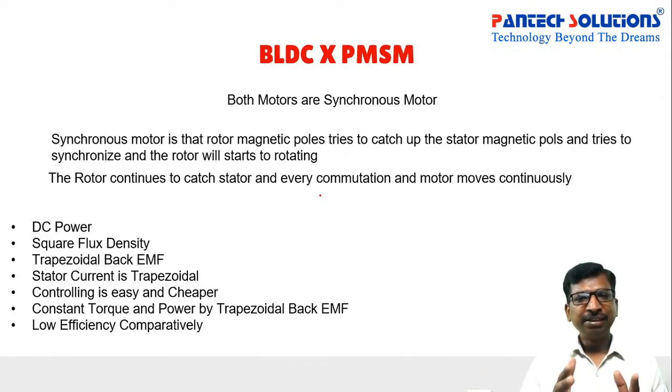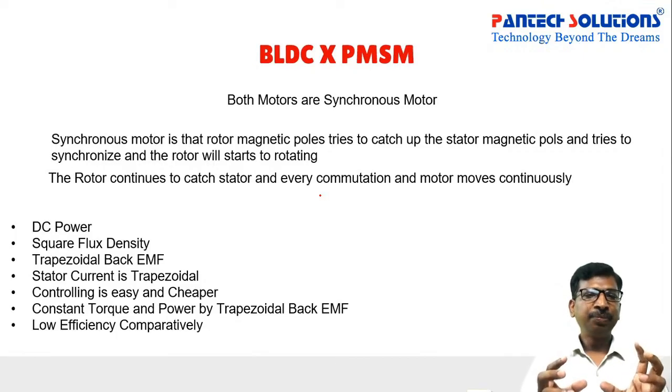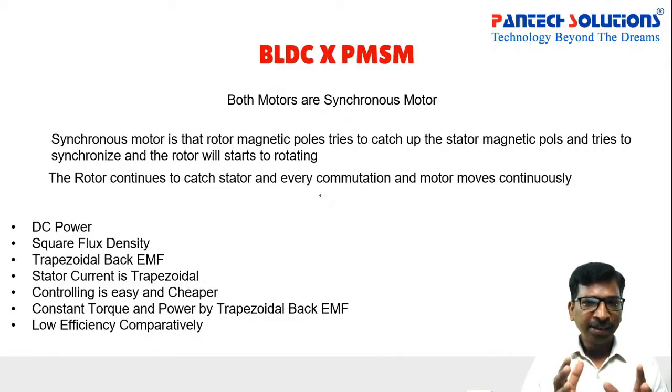And similarly, the BLDC motor, we have already discussed in the previous sessions. The BLDC motor is a DC machine, because except for the commutation, there is no other change between the BLDC machine and the DC machine. That's why we call it a DC power supplied machine.